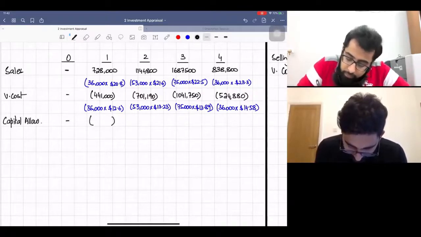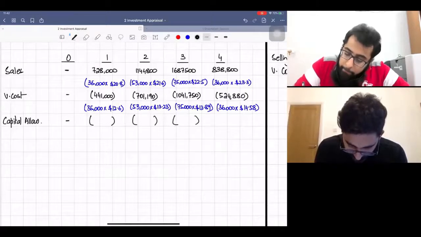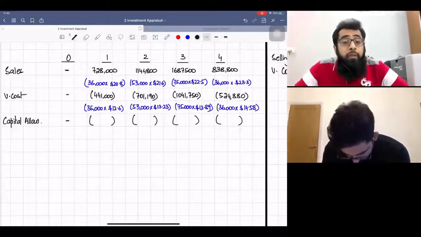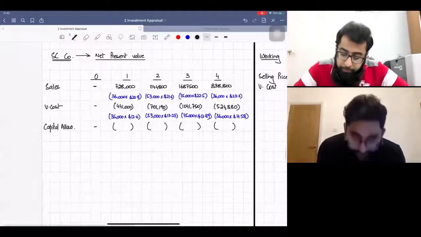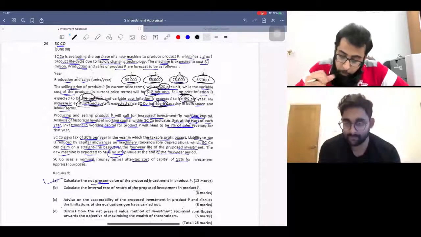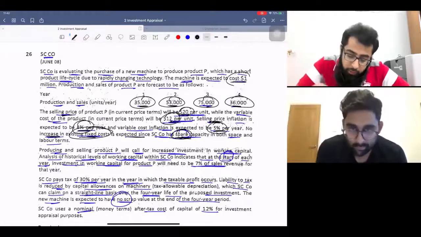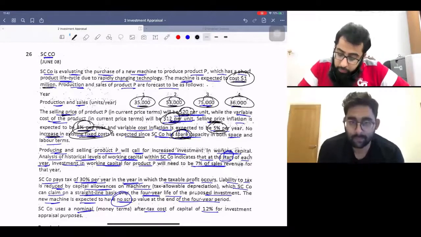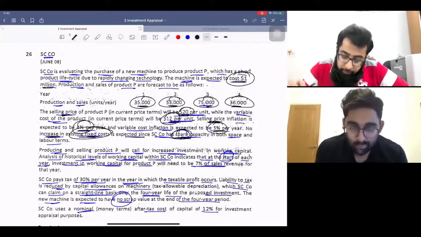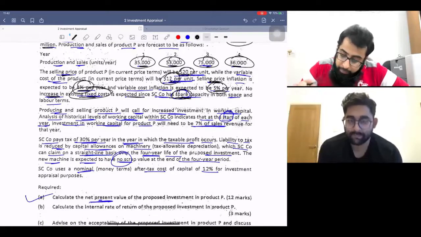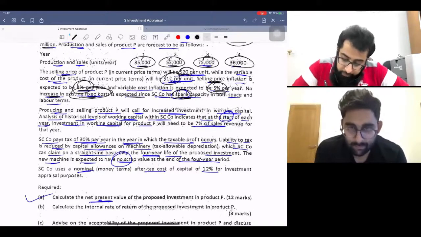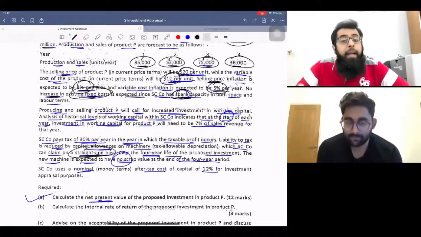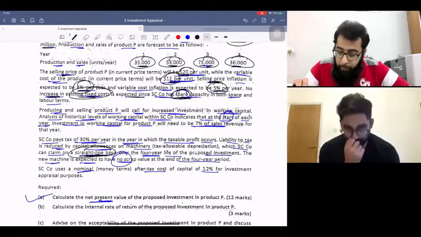There is no scrap value in the question. $1 million is the cost of investment, and the capital allowances will be claimed on straight line basis. Yes, here it is, straight line basis, and there are 4 years.